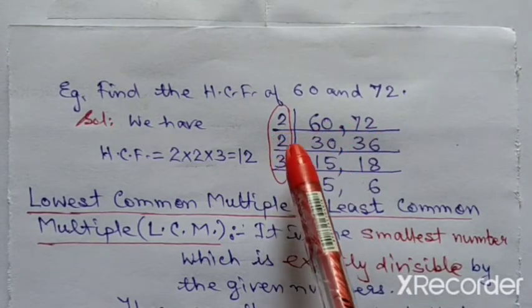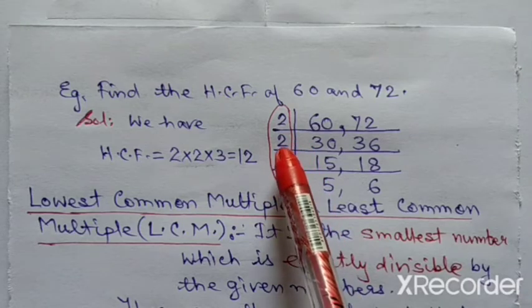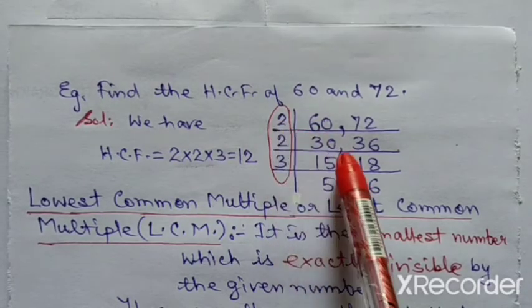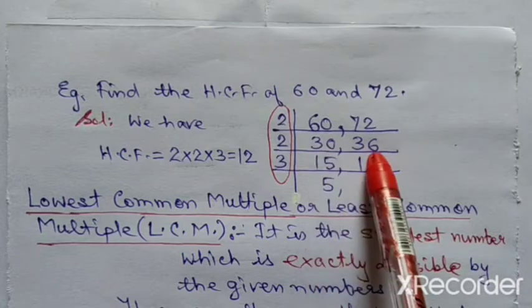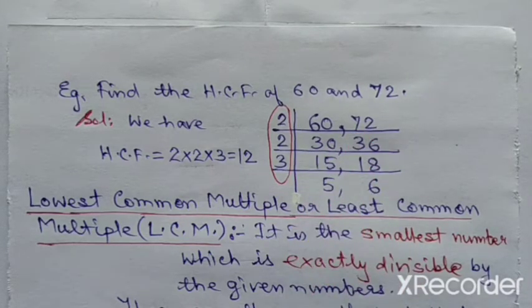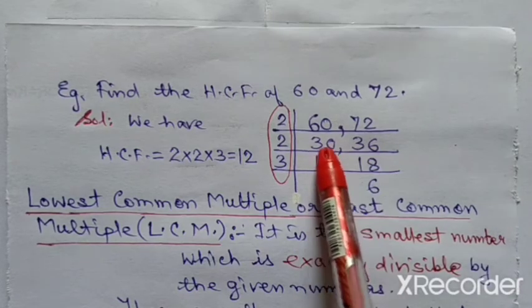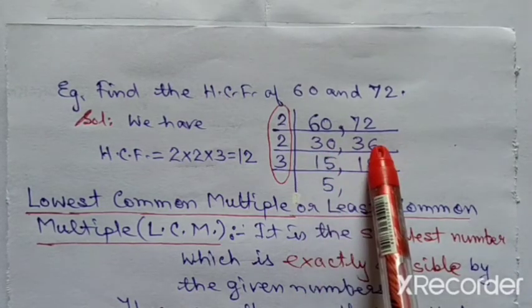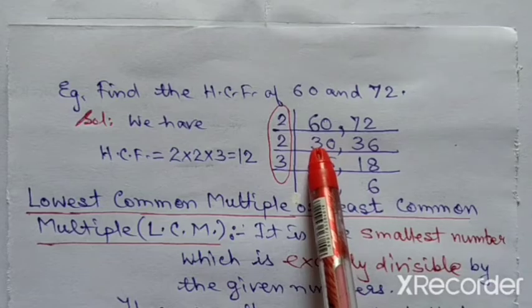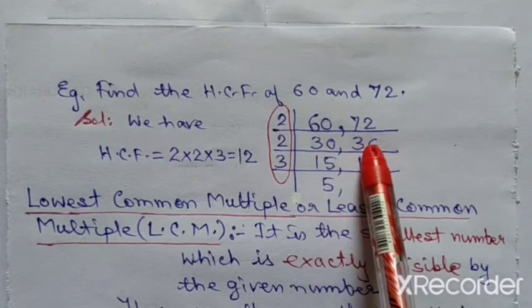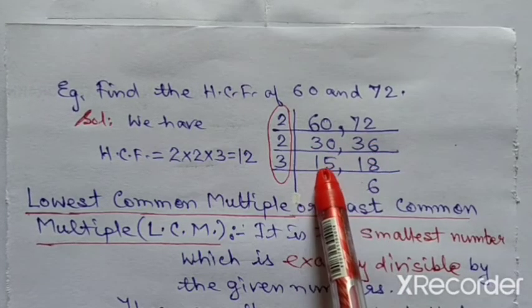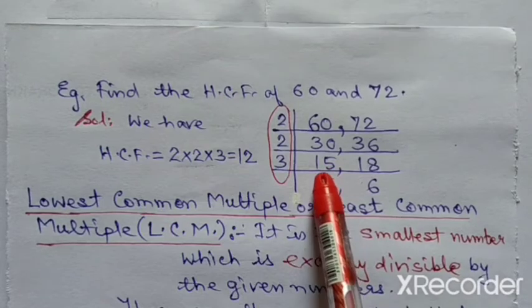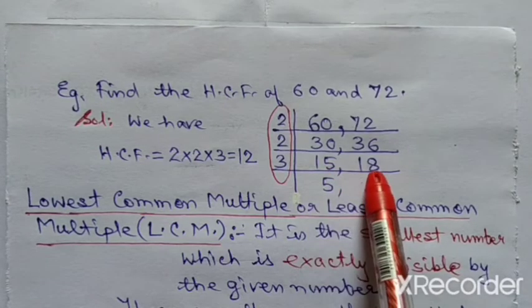Take the help of rules of divisibility, children. That is 2, write here quotient 30, and in the second one 36. Now again you have to see if any prime number can divide both the quotients. Yes, 2 can divide 30 and 36. So divide. Now the next quotients are 15 and 18.